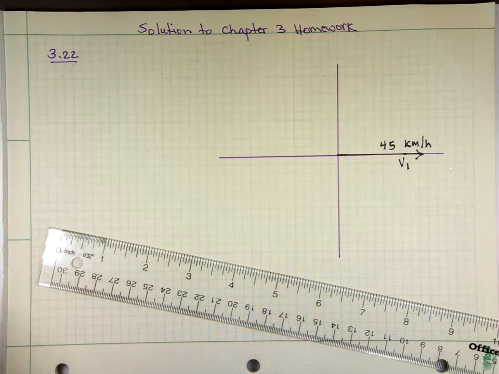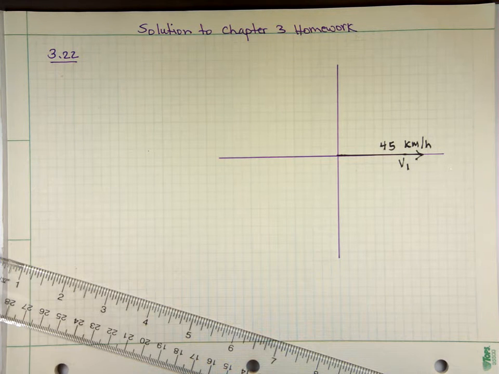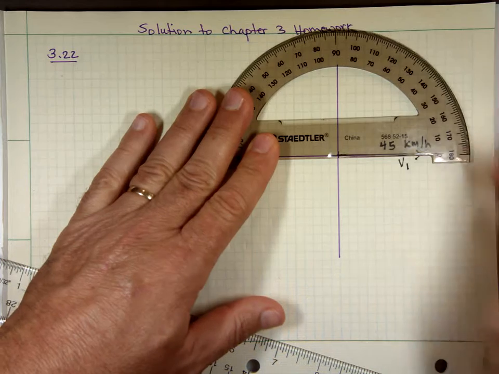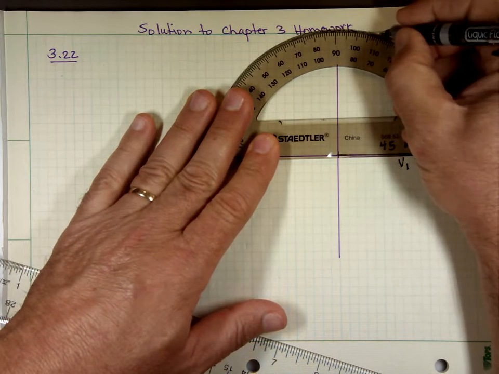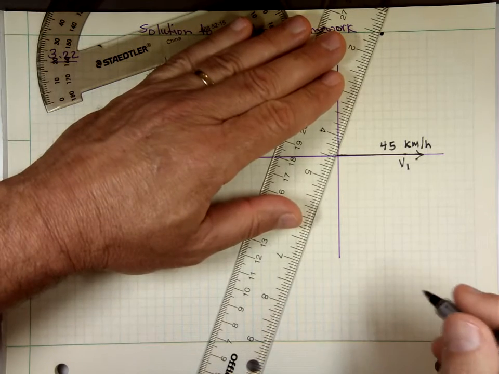The final velocity of the car, V final, is 66 kilometers per hour in the direction that's 75 degrees above the positive x-axis. So 75 degrees in this direction. So the final velocity is going to be in that direction.